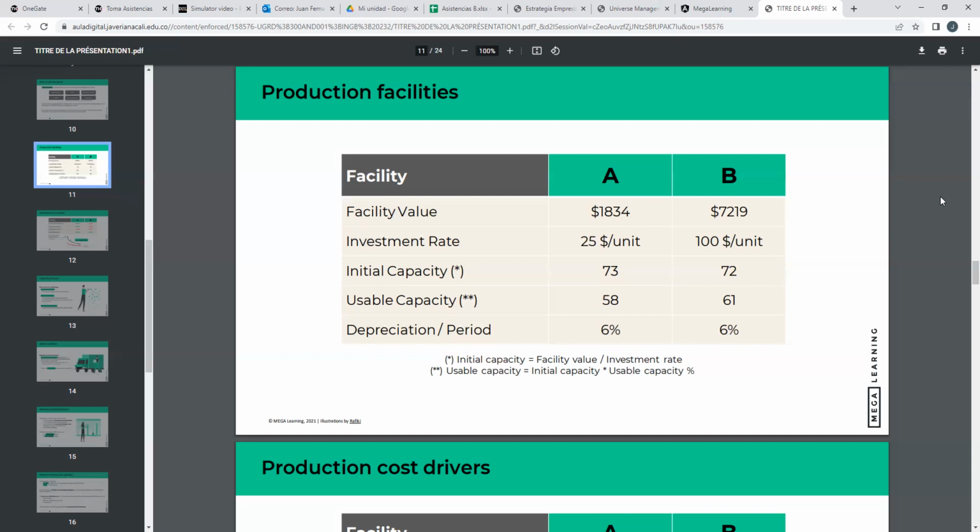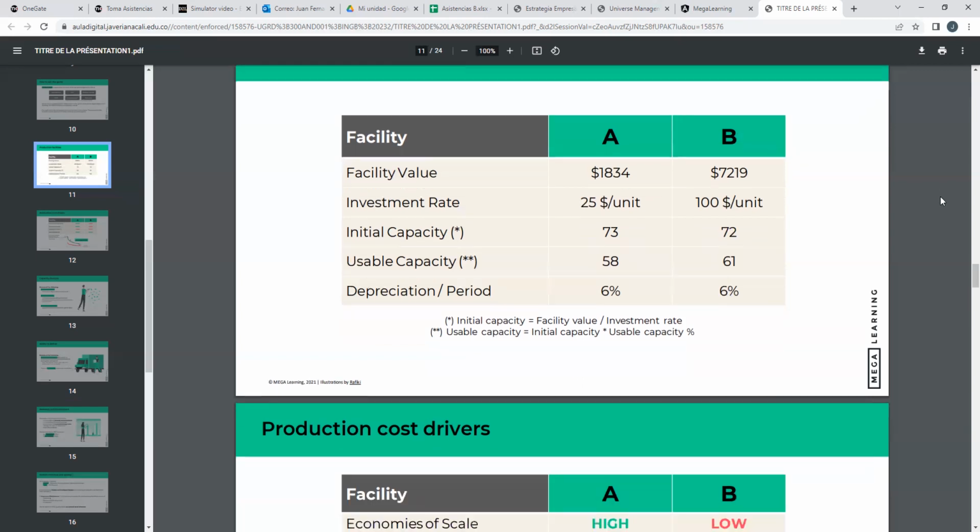And the other point is that you have products that are going to have some quality problems, and you are not going to be able to sell all the production. So the quality problem at the beginning is going to be close to 11%. I will show you where the information is.